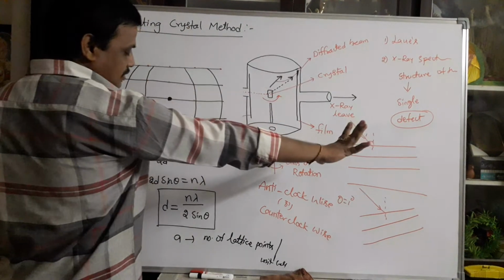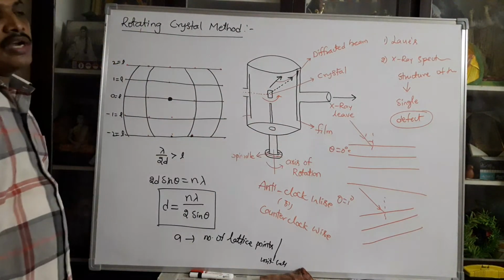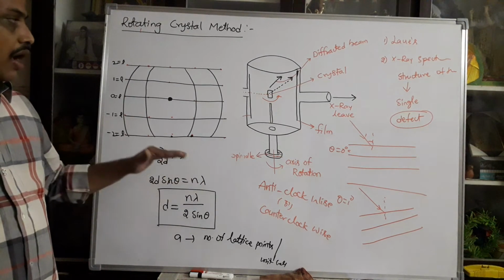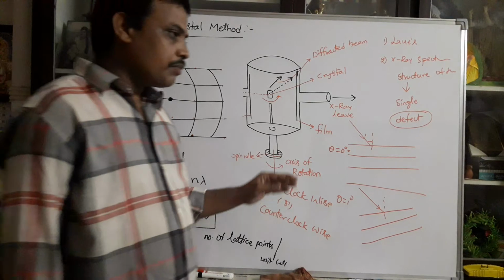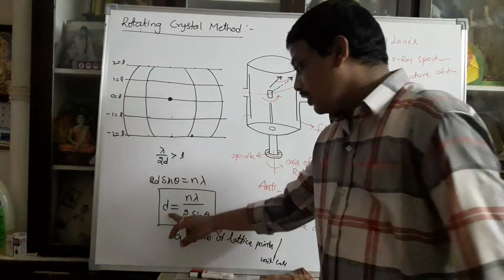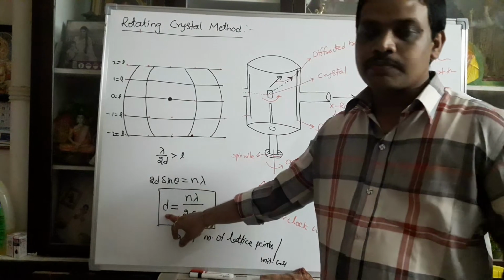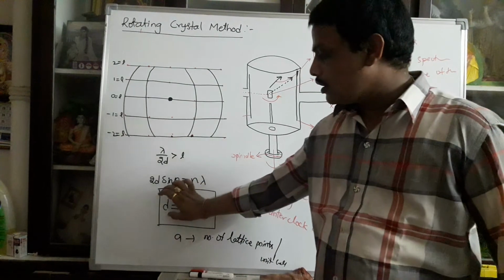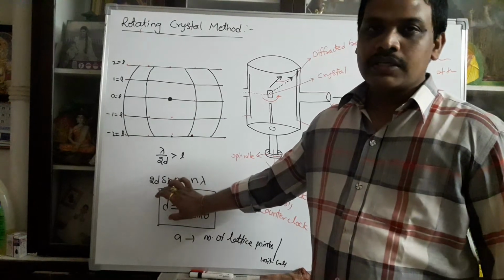So experiment number 1, experiment number 2, experiment number 3 are used to determine the crystal structure, by calculating the D value, the interplanar distance.